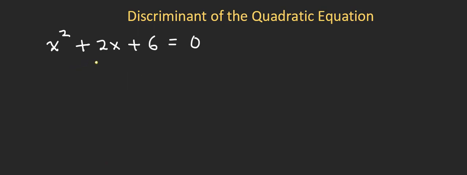In this example, we got x squared plus 2x plus 6 equals 0. So let's try to find the discriminant. You got a equals 1, b equals 2, and c equals 6.